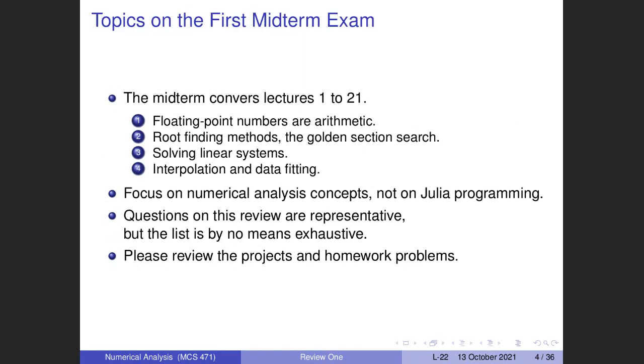All right, so these are the most important things. This course is on numerical analysis, not on programming. If you learn programming, then all the better. But you will not be asked to write code, although you may have to define something sometimes. The review is structured in 4 parts. We have covered a lot of algorithms.